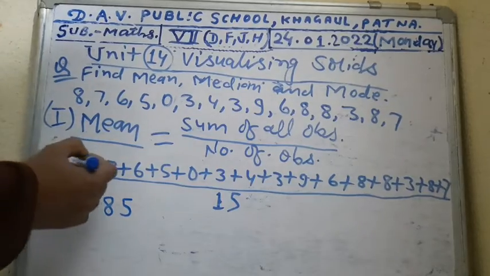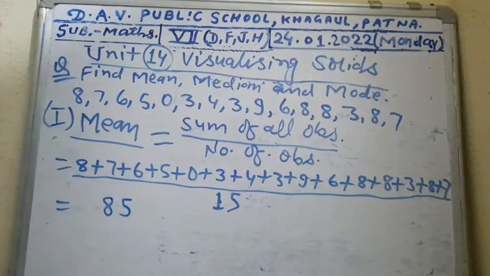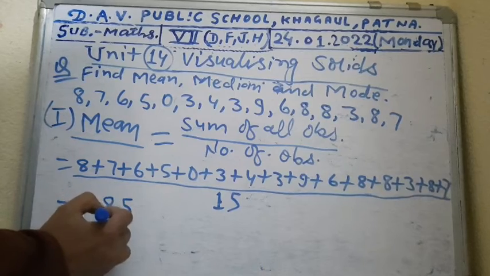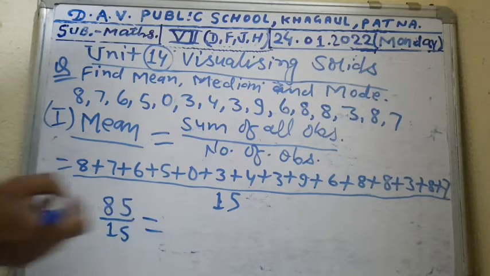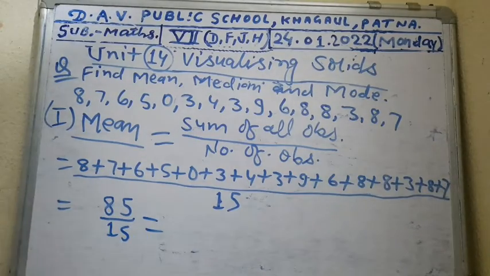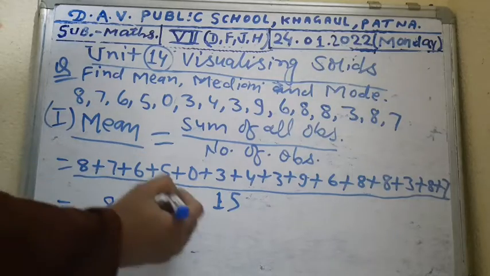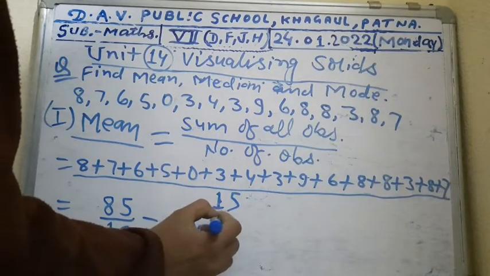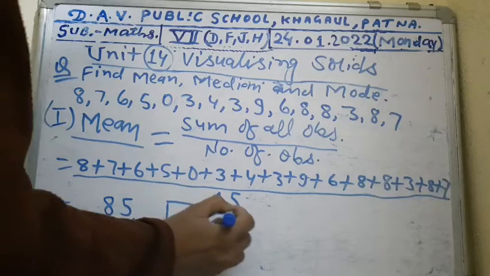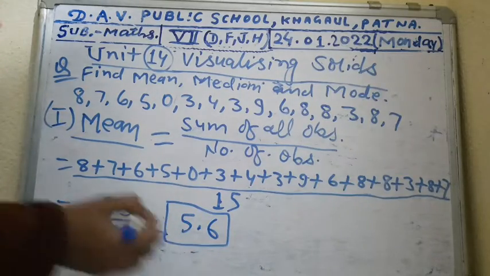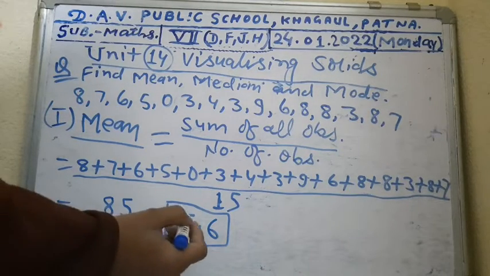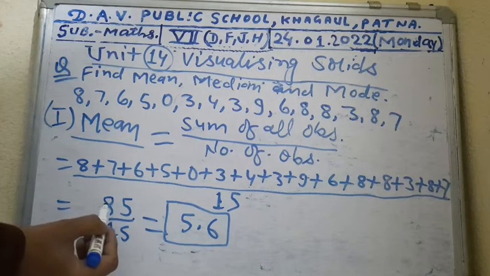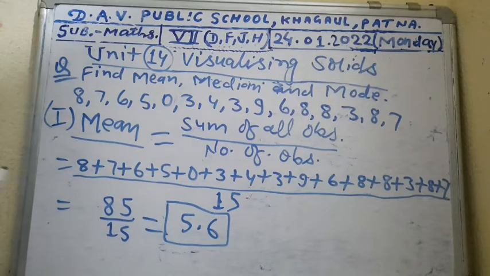All of you try to sum of given observation. Divide by 15. Now we divide 85 by 15. We get 5.6. How we find? 15, 5 ja 75. So we retain here 5. Remainder 10. 1 decimal.